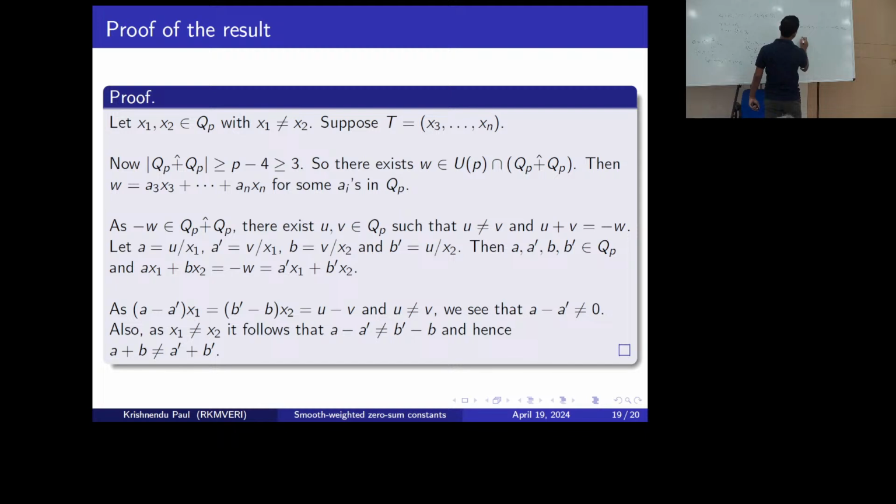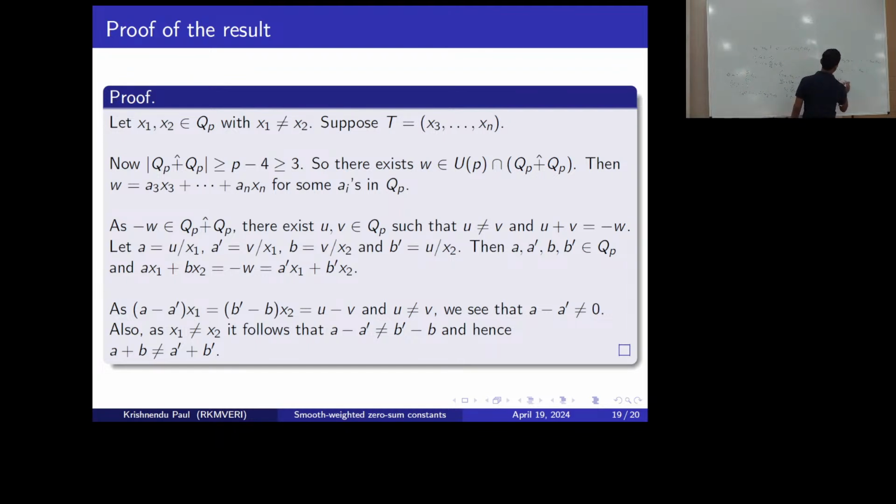Now if we take minus a3, minus an as weights, then between these two representations, since a plus b is not equal to a prime plus b prime, one of them will be different from this.